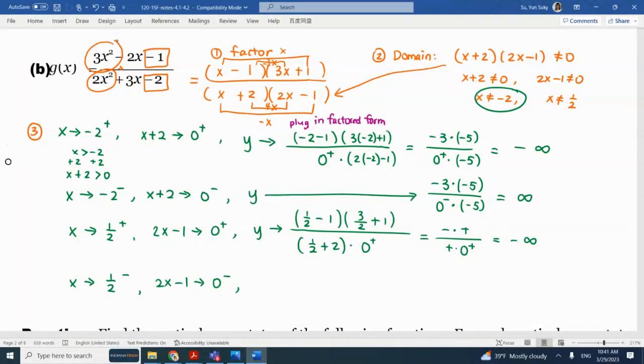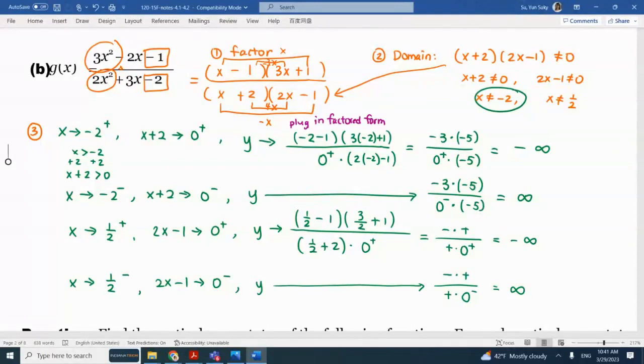And then the y will go to, what happened? You get still a minus number, still a plus number, still a positive number. But then what happened next? This becomes 0 minus. So the answer is infinity. Yes.